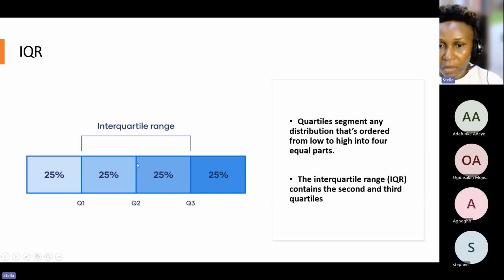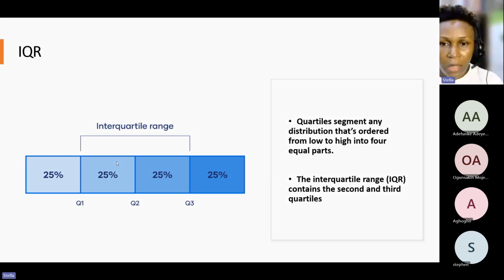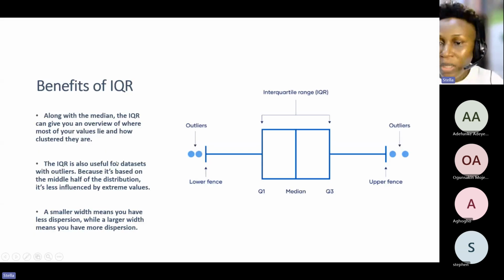Okay, somewhere in the middle. This is our interquartile range, anywhere between here and here. Okay, so that is why I said the difference between Q3 and Q1 is our interquartile range. All right. So what are the benefits of the interquartile range in statistics or machine learning or data science?